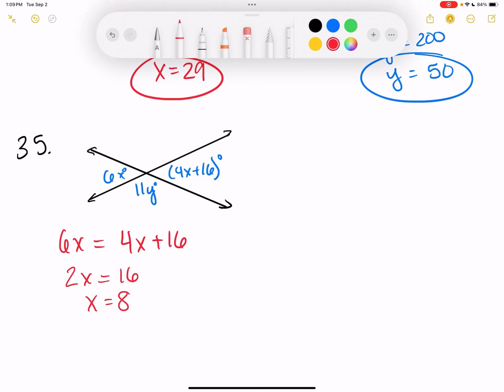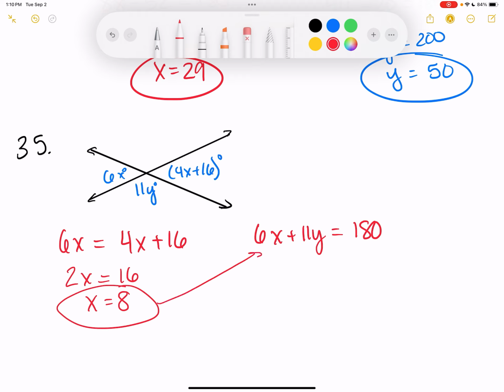Now I can take that information and use it to solve for y. So now I'm going to have to plug in to solve. As Michael pointed out, we can either do it as these two are equal to 180 or these two. I would say there's less math involved if we use these two, so I would recommend those, but it works either way. So we would have 6x plus 11y is equal to 180. But I'm going to plug this value in.